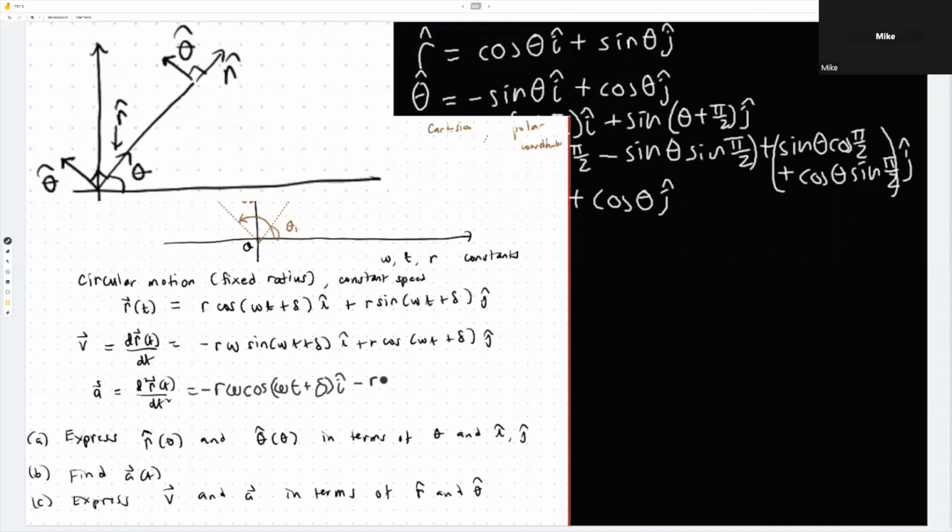Teka, chain rule. Kulang. So anong derivative ng omega t plus delta with respect to t? So you have to have another factor of omega.